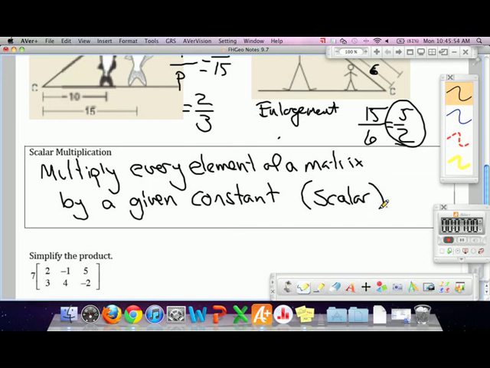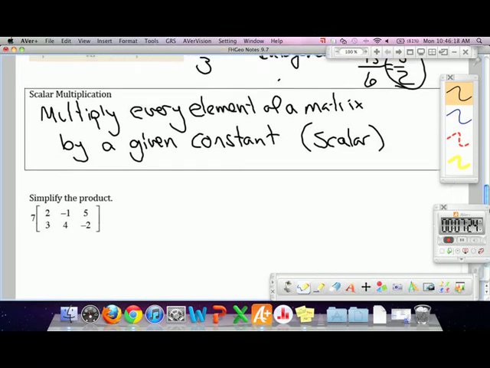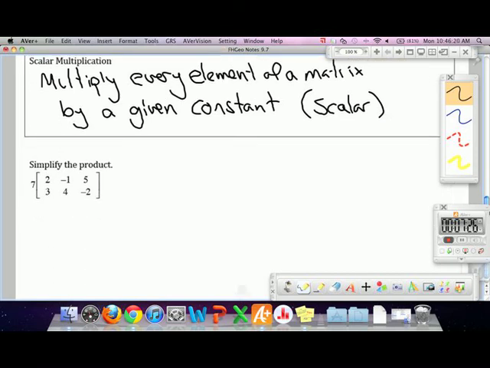Your scalar, if you want to perform a dilation, will be just the scale factor, the rule that transforms from the start to the finish. So if we've been writing scale factors in this fashion, then all we need to do is write your thing as a matrix and multiply it by that given quantity. So for example, this matrix would be an example of a triangle, three points, that's being scaled or dilated by a factor of 7.